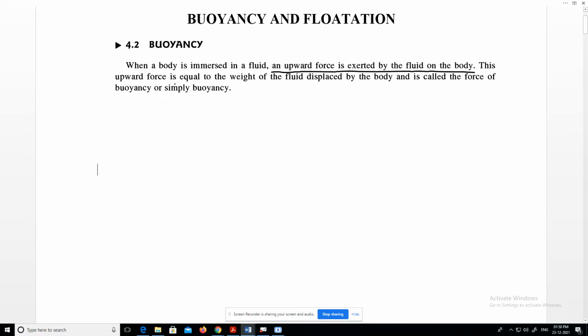This upward force is equal to the weight of the fluid displaced by the body, and is called the force of buoyancy, or simply buoyancy.